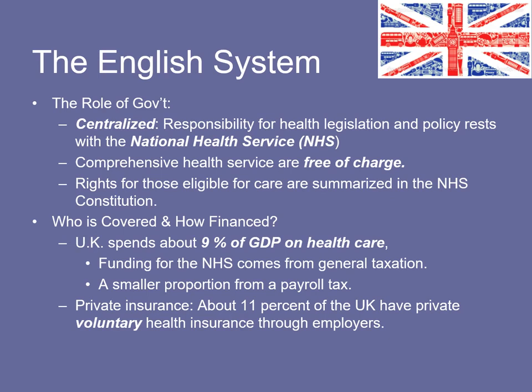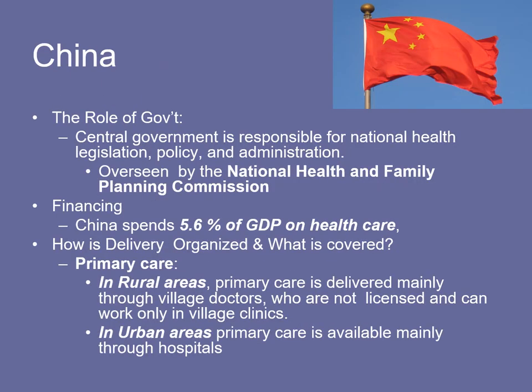Again, much less than we do and just slightly below what Canada spends. Funding comes from general taxation, and about 11% of the population have voluntary private health insurance to supplement what's provided through the government.